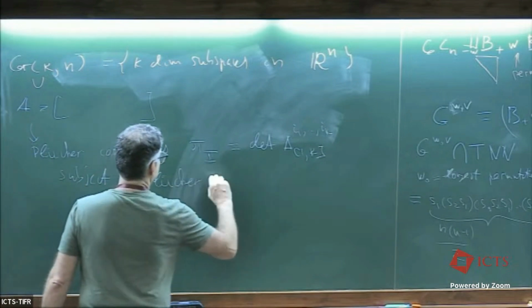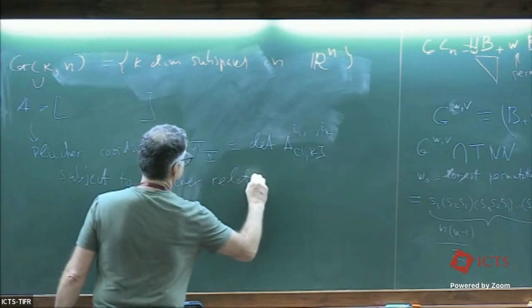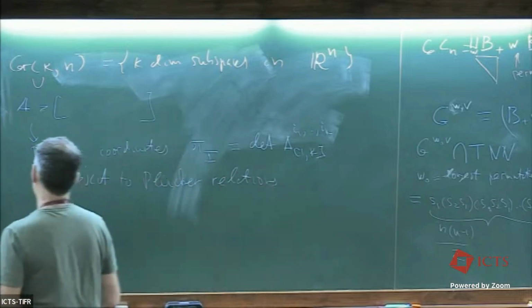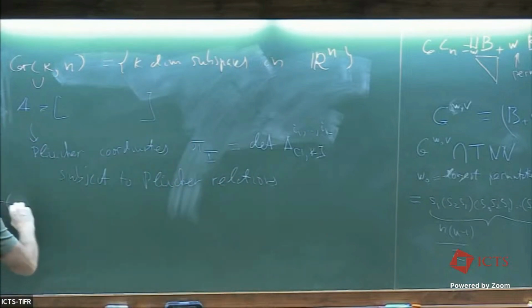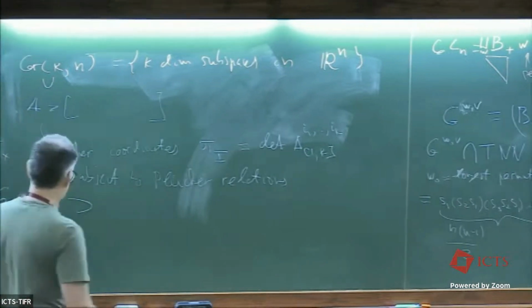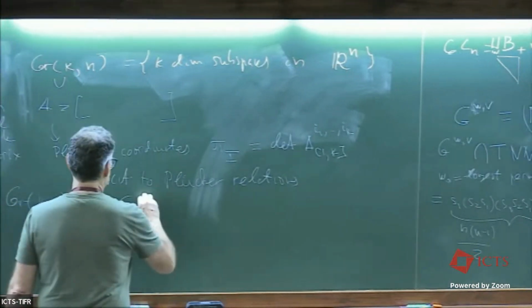Plücker relations. And then inside this Grassmannian, you can consider the positive part.